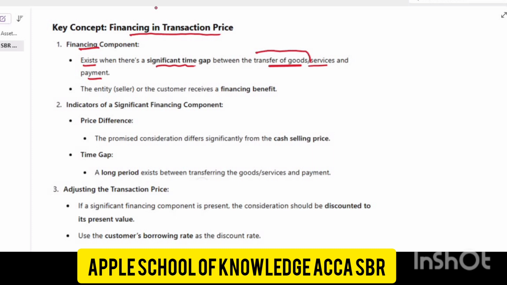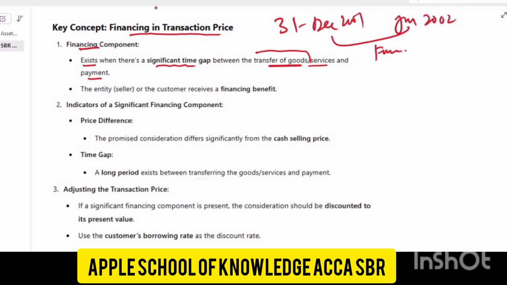Let's say the transfer of goods happens on 31st December, and the payment will be paid in June 2002. Then there is a significant time gap, and this means that there is a financing component. Clear?